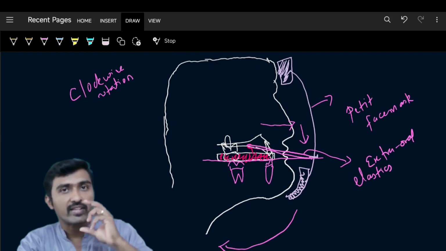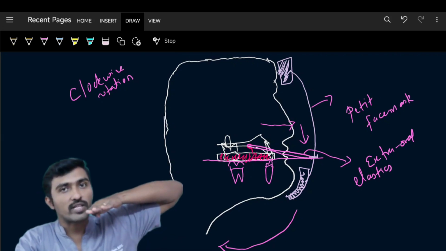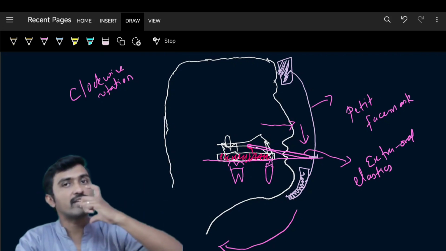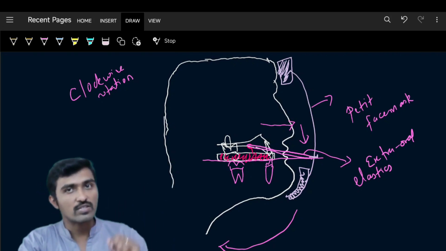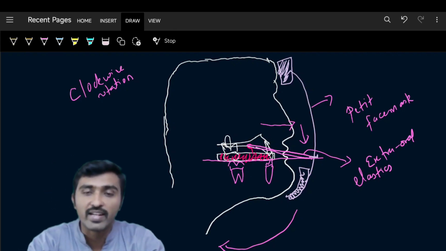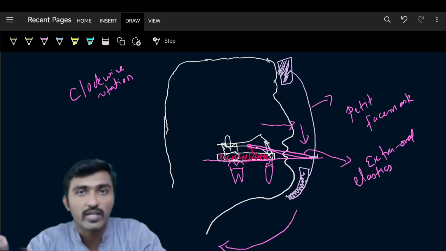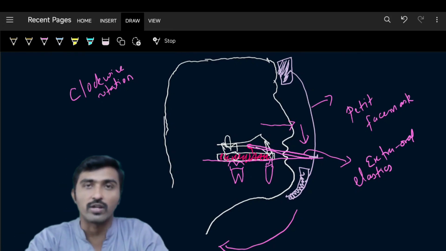Their anterior facial height will be reduced because of the chin prominence. So to improve that as well, when the mandible rotates downward and backward, the anterior facial height also increases. These two reasons back the angulation of extraoral elastics, and the reason to pull the maxilla not only anteriorly but also downward.